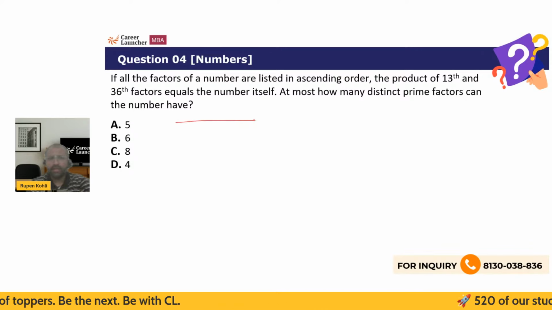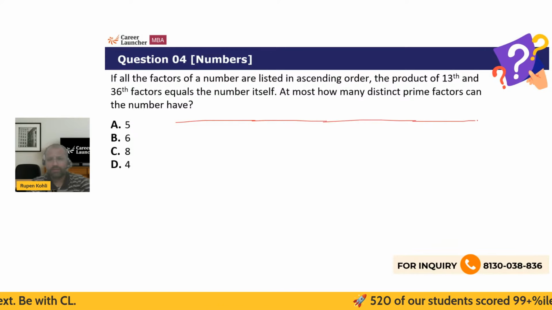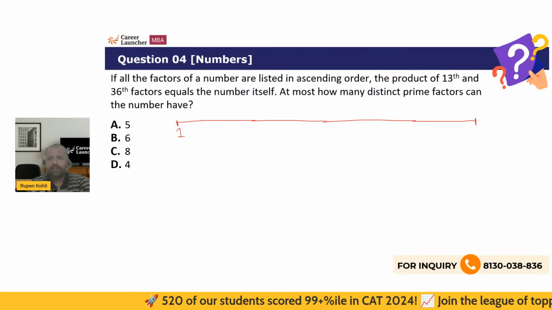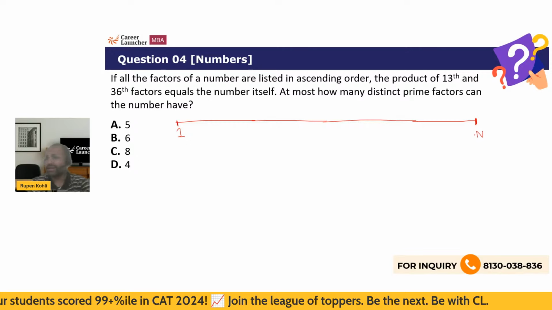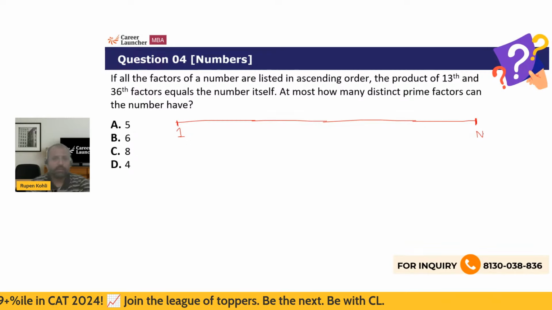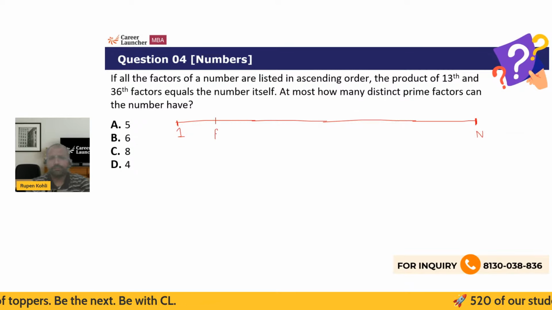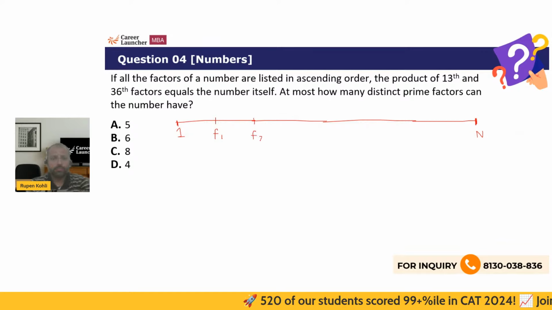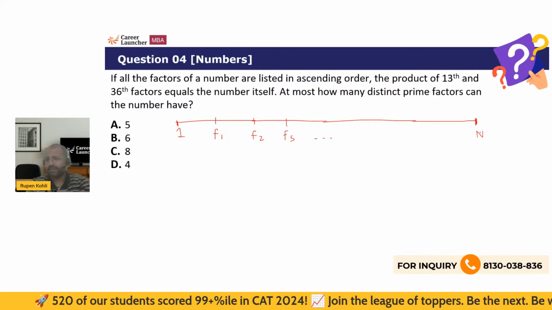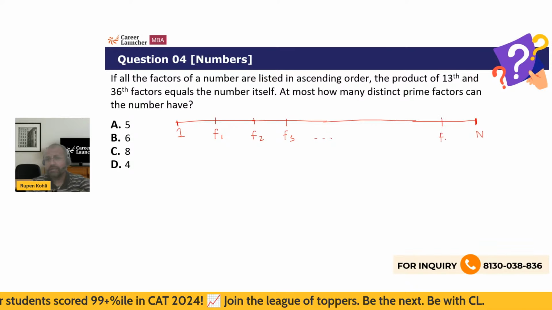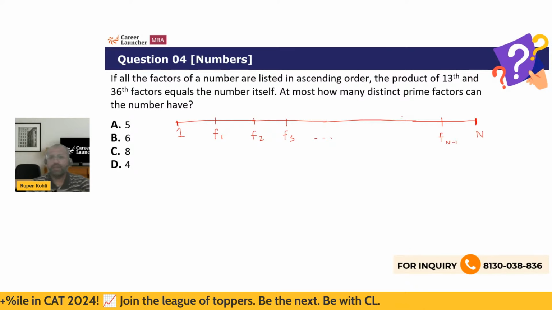On the number line, if we have plotted the factors, 1 and n are never going away. 1 and the number itself are always the factors. And then there are other factors, call these F1, F2, F3, dot dot dot, and the last factor is the number itself, and then there will be fn minus 1, fn minus 2, and so on.